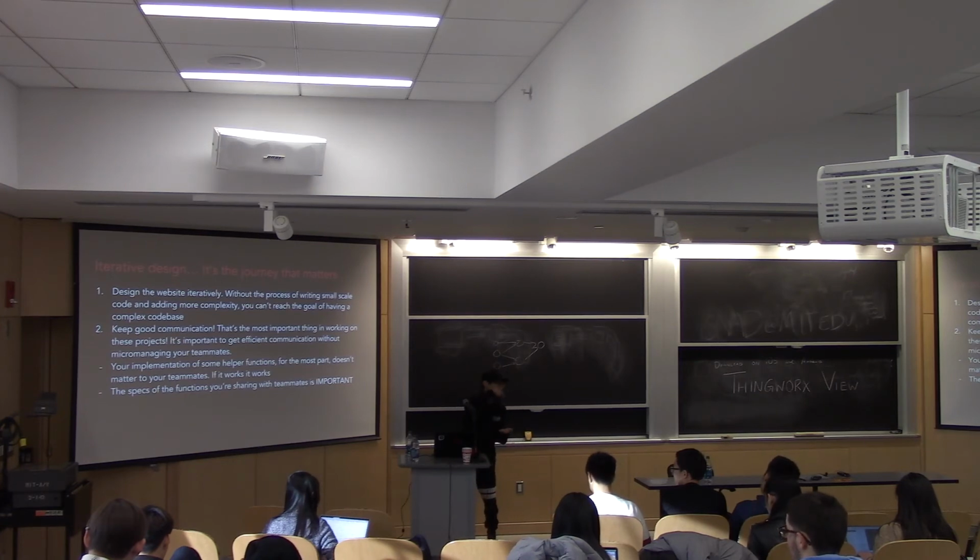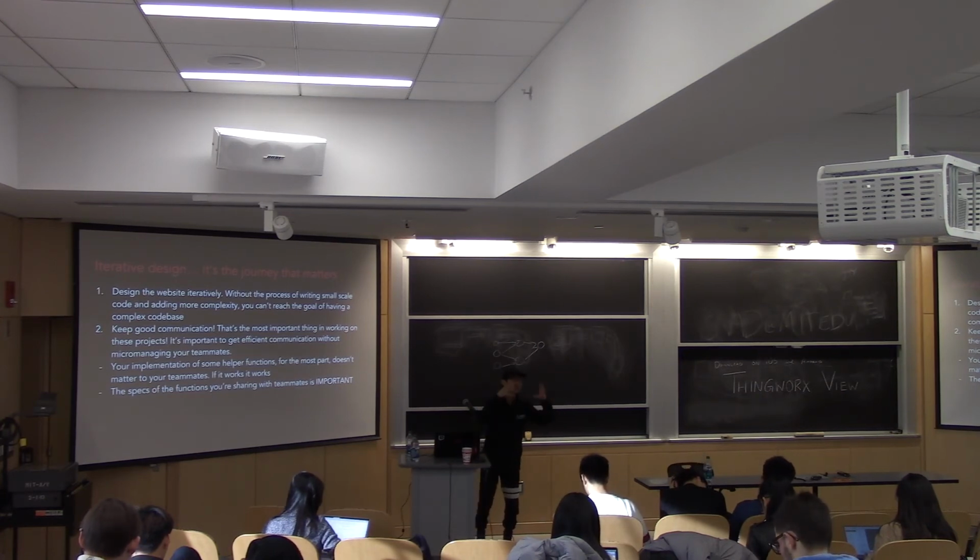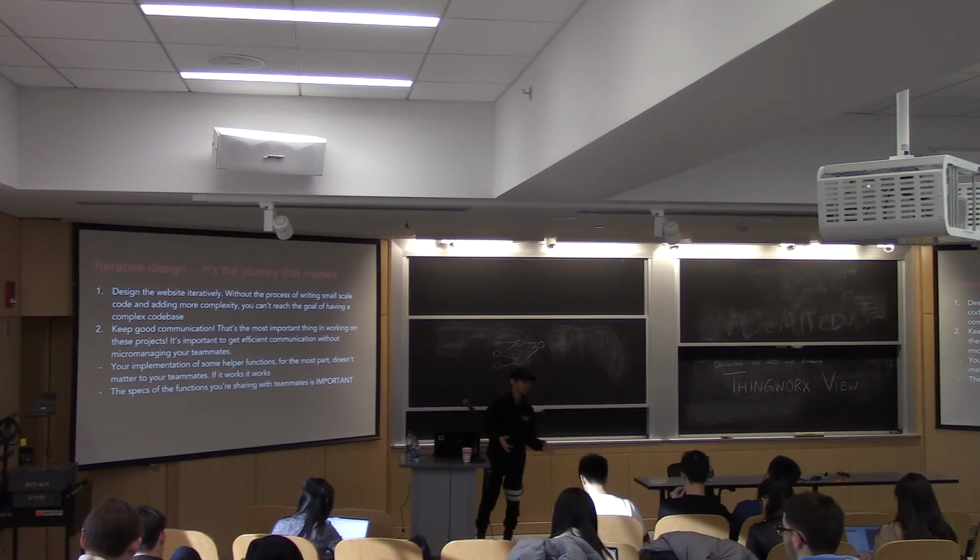But if you're changing a spec, by which I mean you're changing what kind of inputs and outputs a function that you're sharing with your teammates produces, it is important to tell them, no matter how many times you do it.